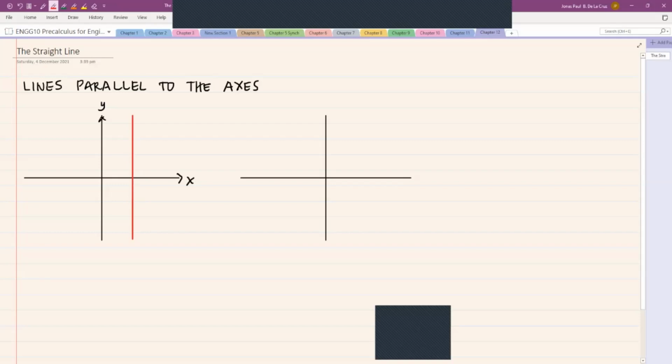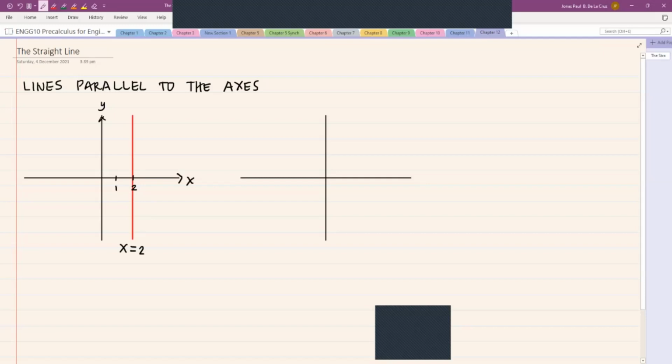For example, if it passes through 2 on our x-axis, the equation of this line is x equals 2. That is its equation when it is parallel to the y-axis.